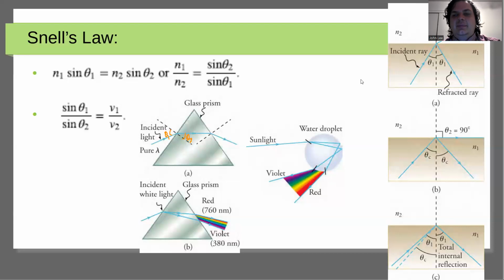This is called theta critical, the critical angle, where theta is just generally the variable that we use for angle. If you have any angle greater than theta critical, then none of the light is going to pass through, and it's called total internal reflection.